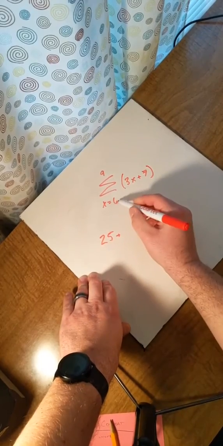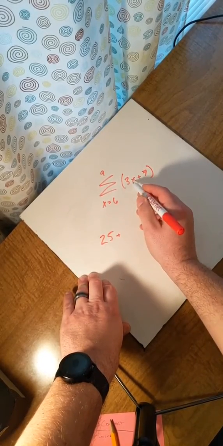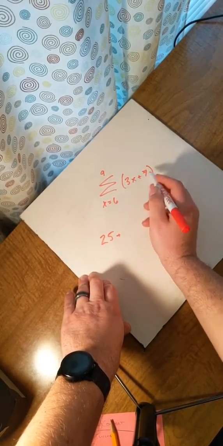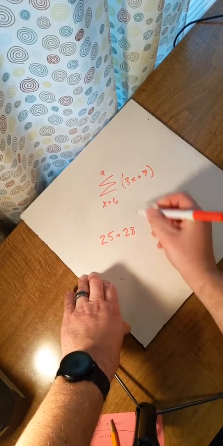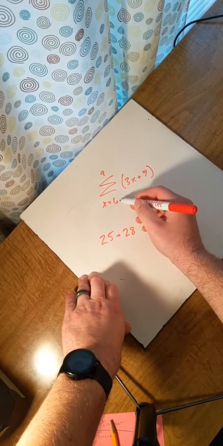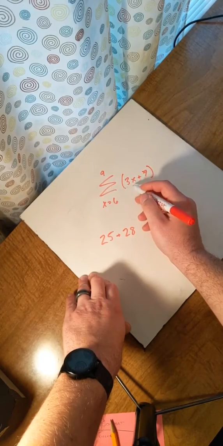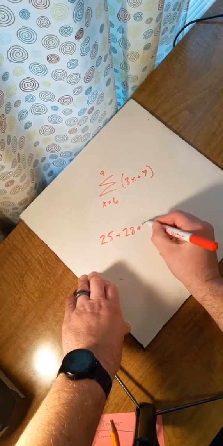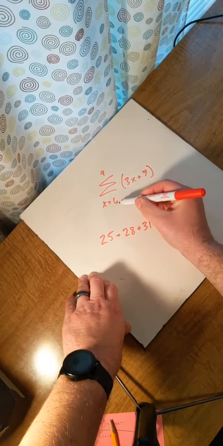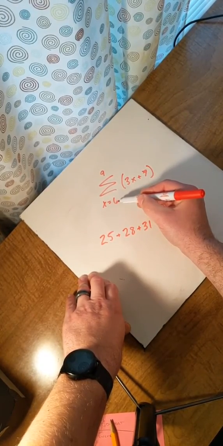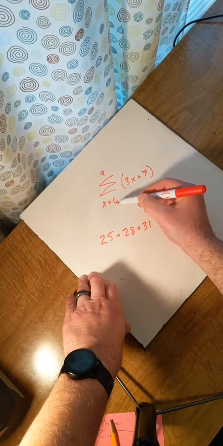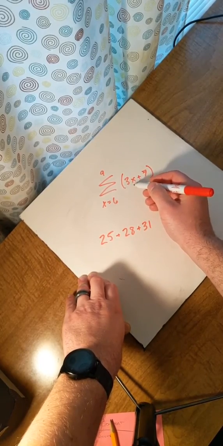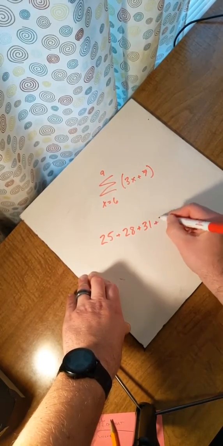Then I go to the next number, 7. 7 times 3 is 21 plus 7 is 28. Go to the next number, 8. 8 times 3 is 24 plus 7, 31. And then finally 9. 9 times 3 is 27, plus 7 is 34.